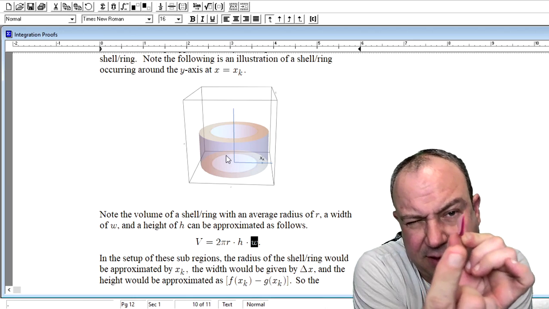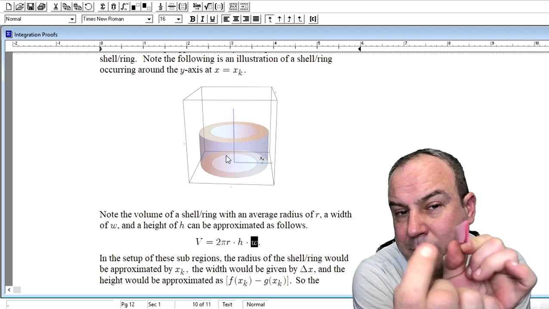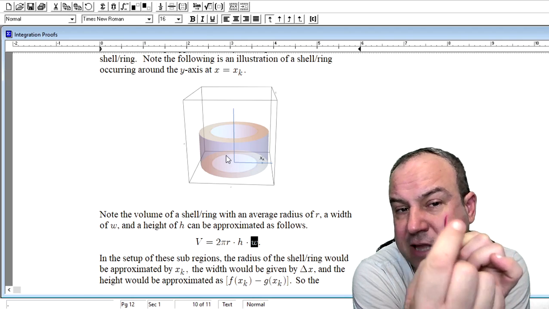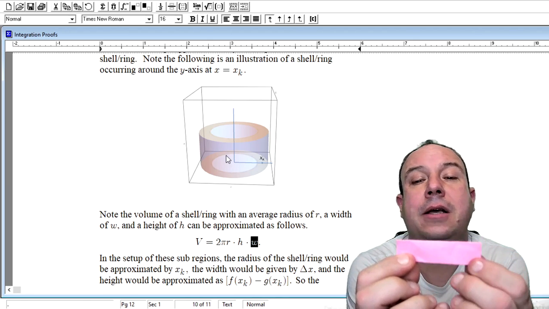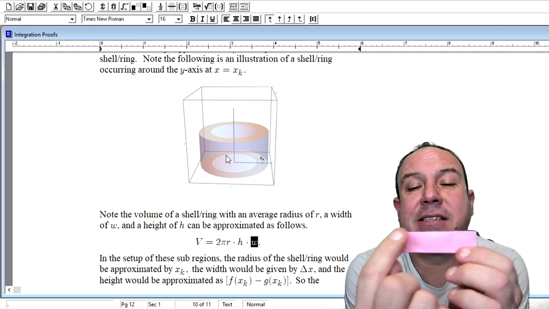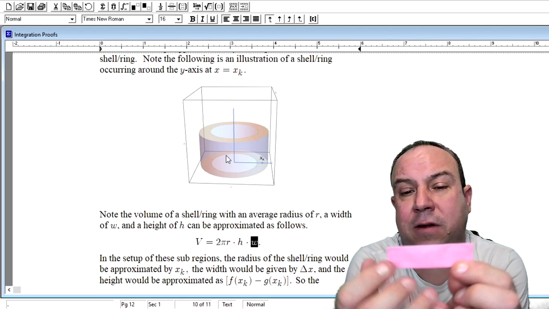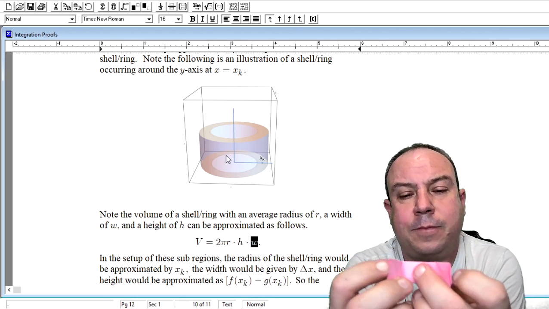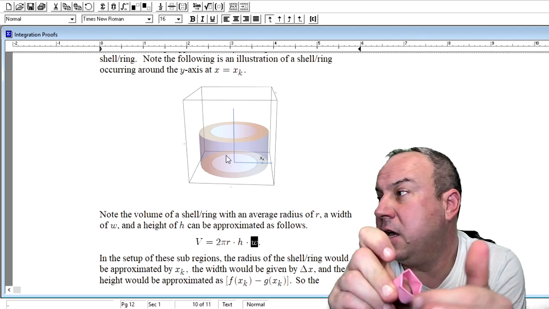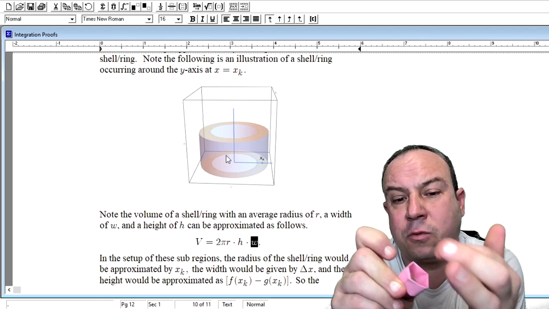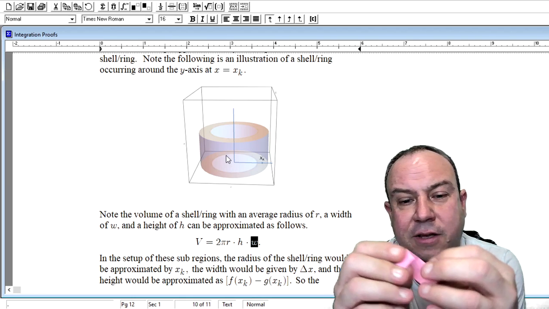The width is what we see on that tiny scale, measured this direction, with my ring of paper, my tiny shell. And its length, this long measurement around here, is essentially the average circumference of the ring.